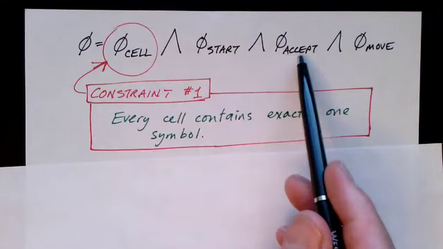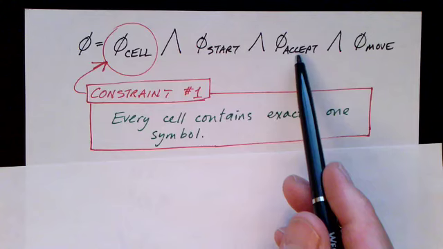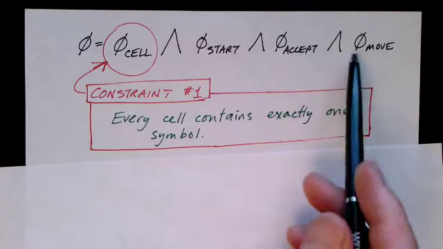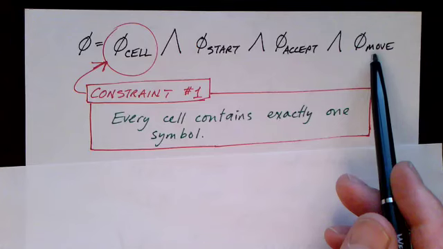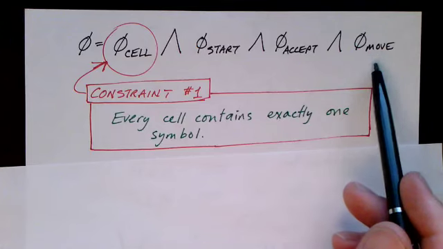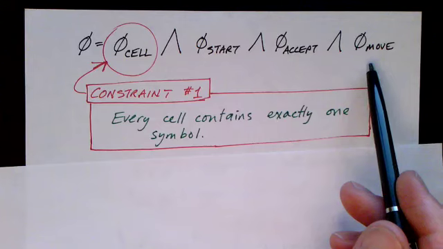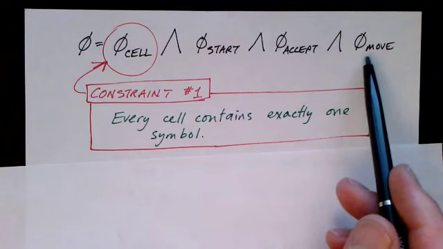Phi sub accept is the constraint that the configuration reaches an accept state. And finally, phi sub move is that every row in the configuration table is a legal configuration that follows from the previous configuration.